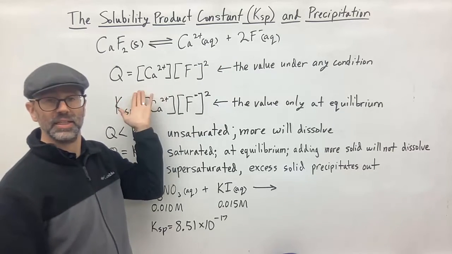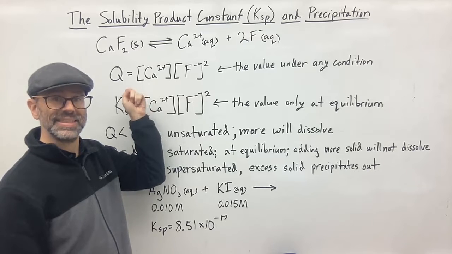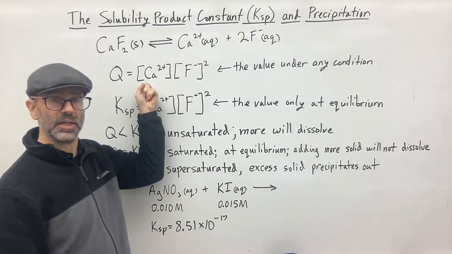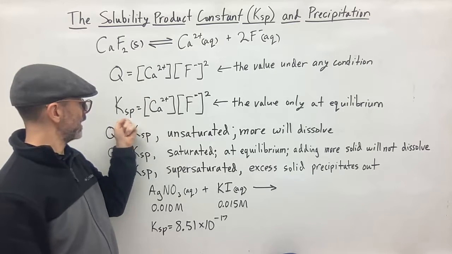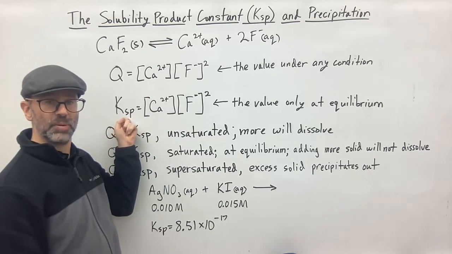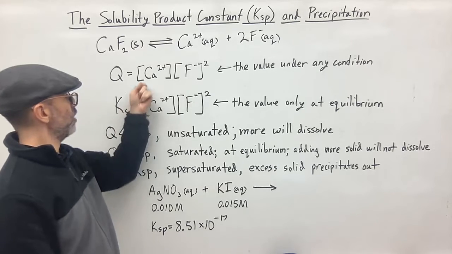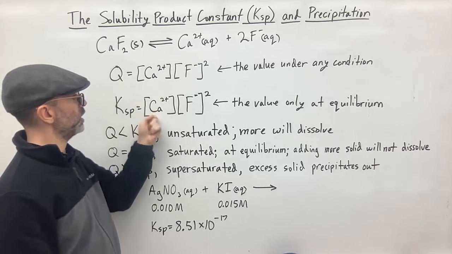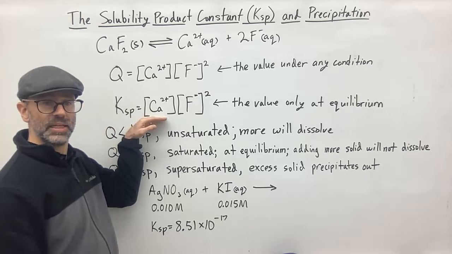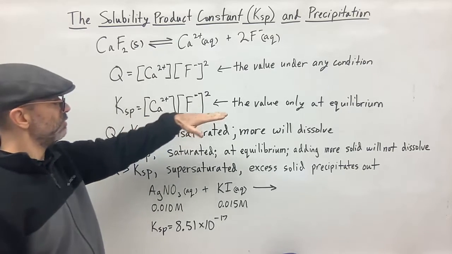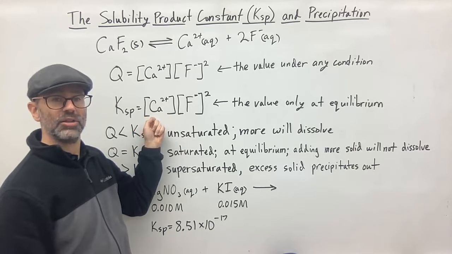Your reaction quotient Q is exactly the same formula as your equilibrium constant. In this case, we're talking about the solubility product constant for dissolving reactions. So these are exactly the same formula. The only difference is that the KSP formula gives us the value only at equilibrium.